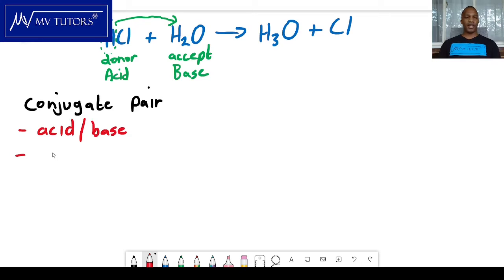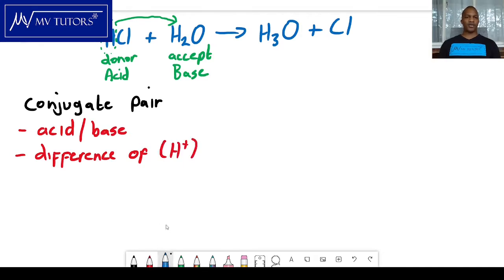And also what I want you to use here is the Bronsted-Lowry theory, that the difference is just an H. So let's say conjugate pairs have a difference of one hydrogen ion.